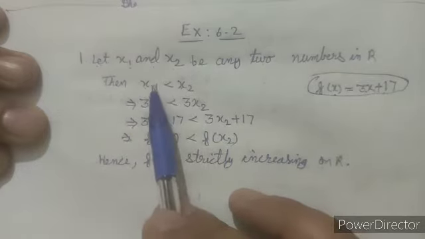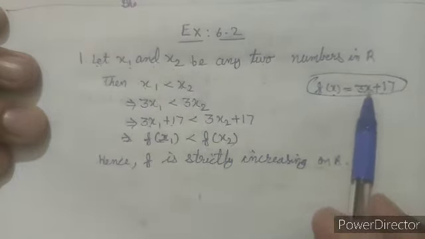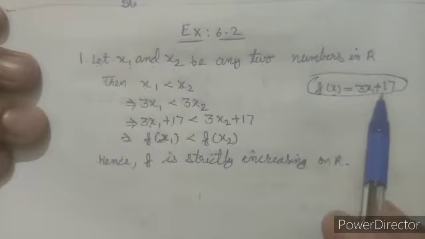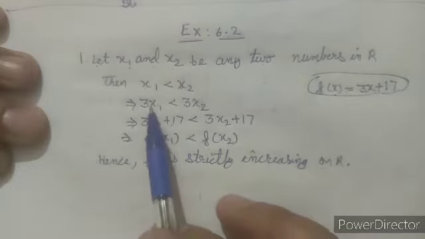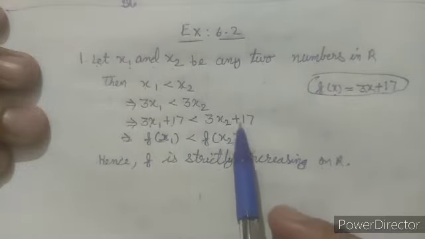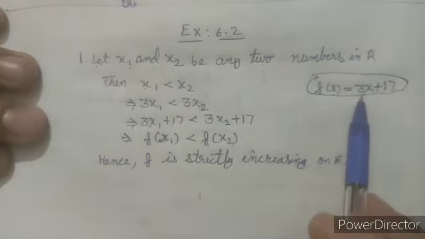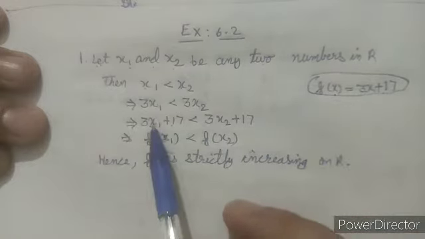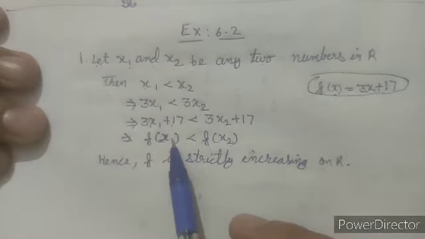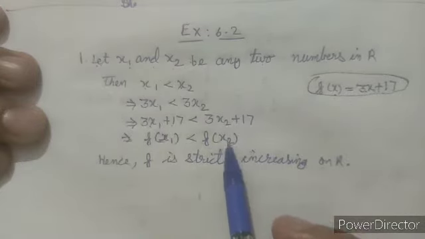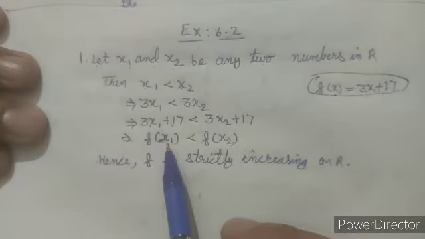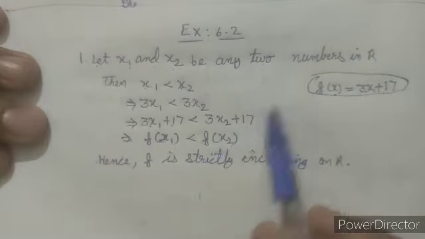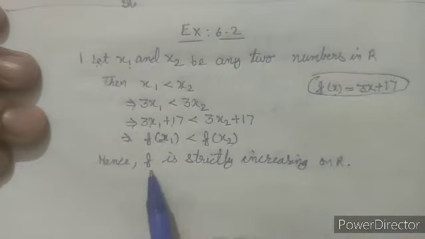Now we have to convert this into the form of 3x1 plus 17 and 3x2 plus 17. On adding 17 to both sides, 3x1 plus 17 will be less than 3x2 plus 17. As we know, f(x) is equal to 3x plus 17. So 3x1 plus 17 will be equal to f(x1) and 3x2 plus 17 will be equal to f(x2). Now on taking x1 less than x2, we are getting f(x1) less than f(x2) in R. So we can say that f is strictly increasing on R.